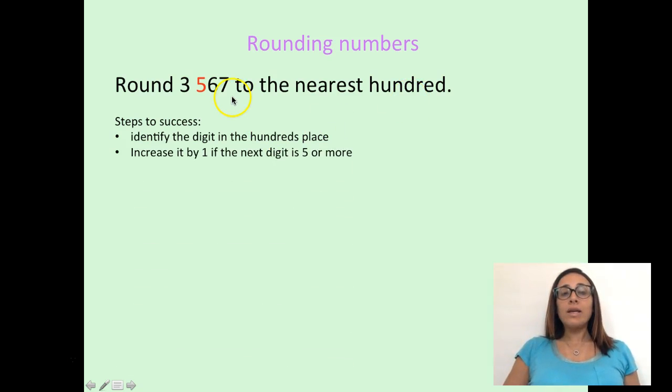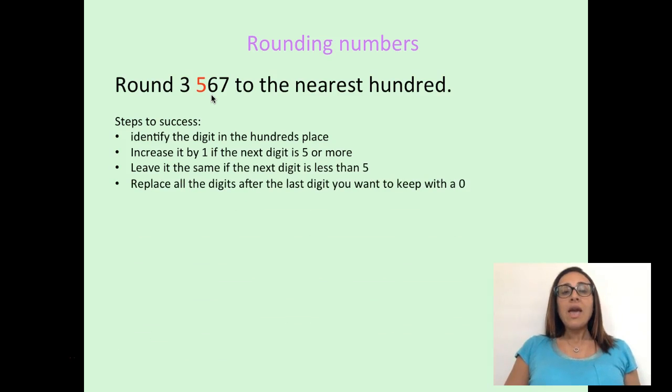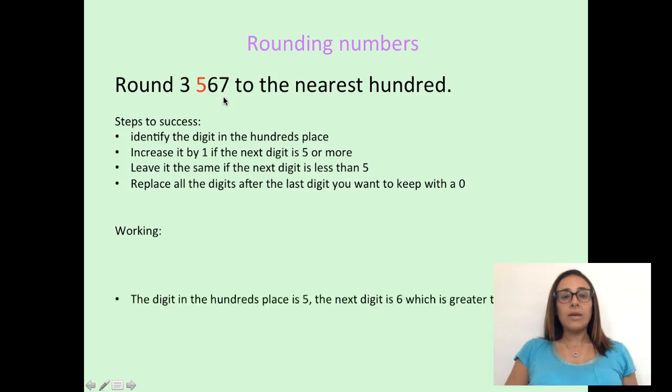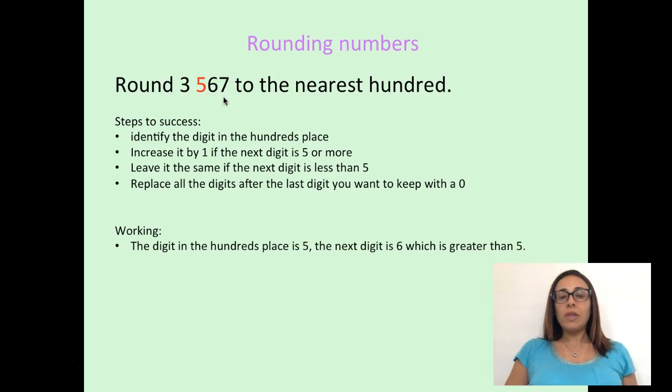Increase it by 1 if the next digit is 5 or more, or leave it the same if the next digit is less than 5. And then you need to replace all the digits after the last digit you want to keep with zeros for each digit. Working. The digit in the hundreds place value is 5, so that's the last digit we need to keep.